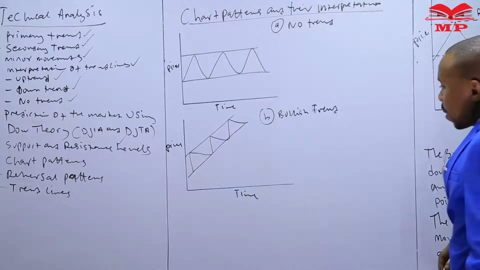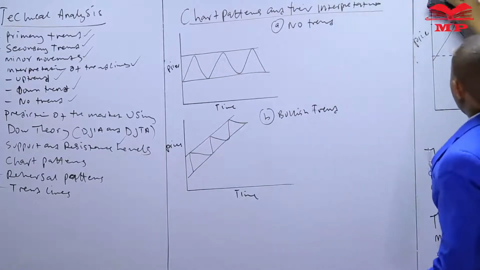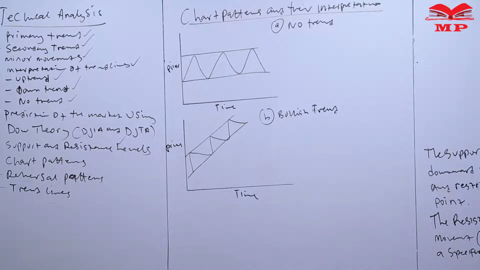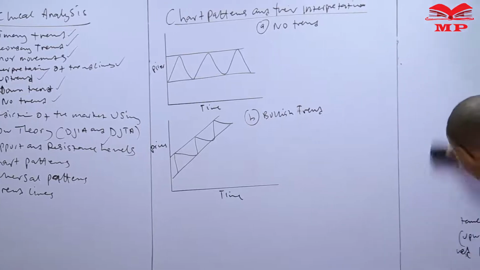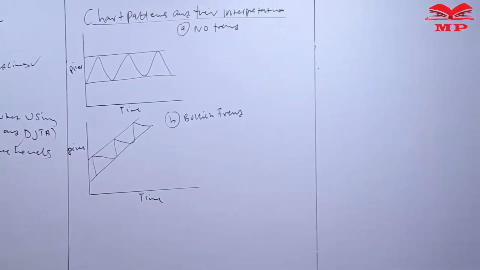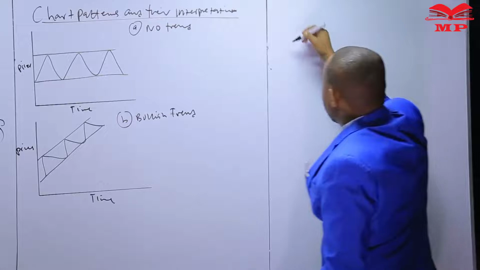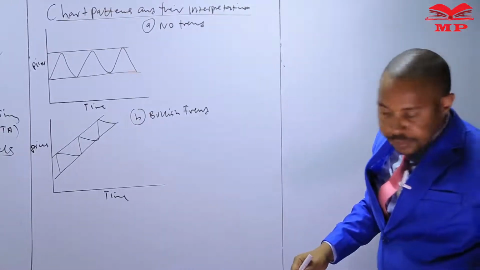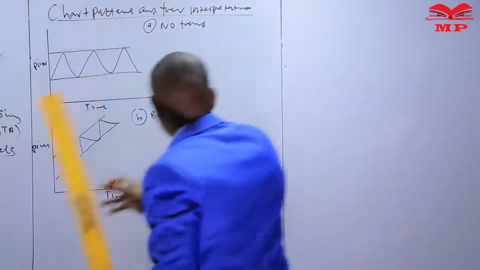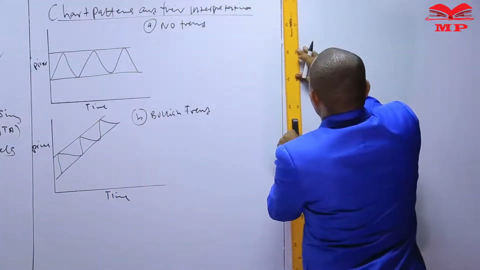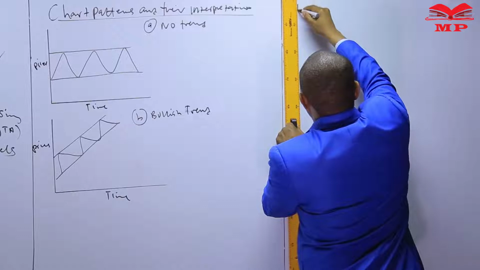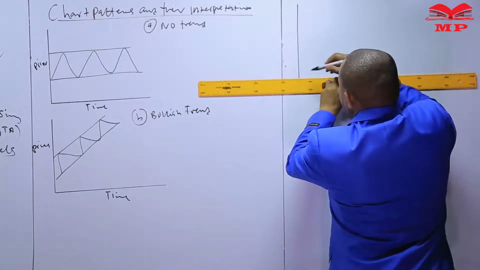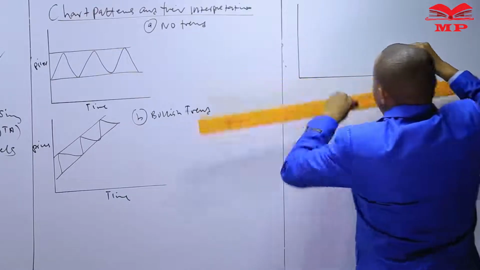There. C, we can say bearish trend, which is moving down. So we can just draw the graph right over here. Bearish trend.